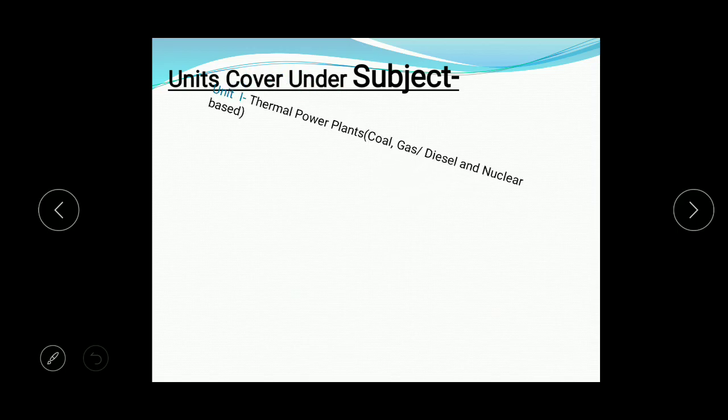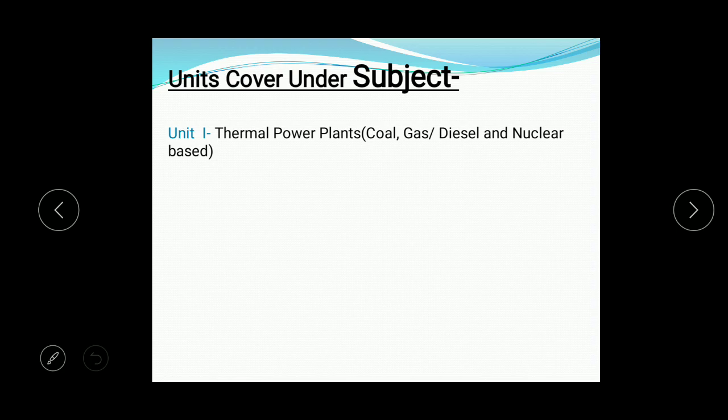The first unit is thermal power plants. In it, we see coal, gas, diesel, and nuclear based thermal power plants, their layouts, descriptions, explanations, properties, the materials used for these plants, and their fuel properties.